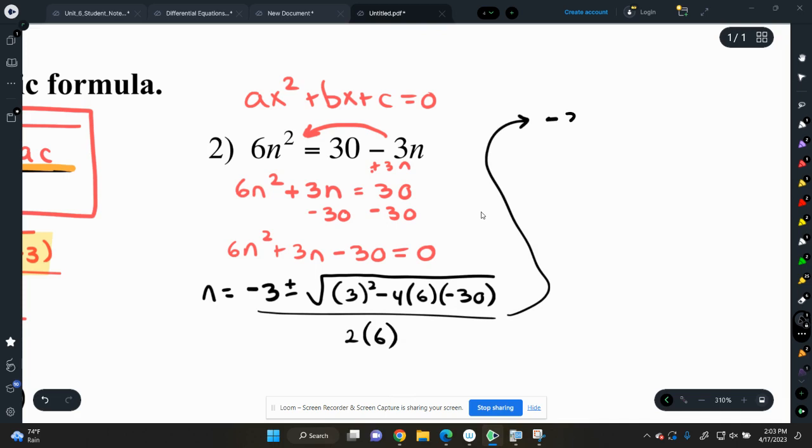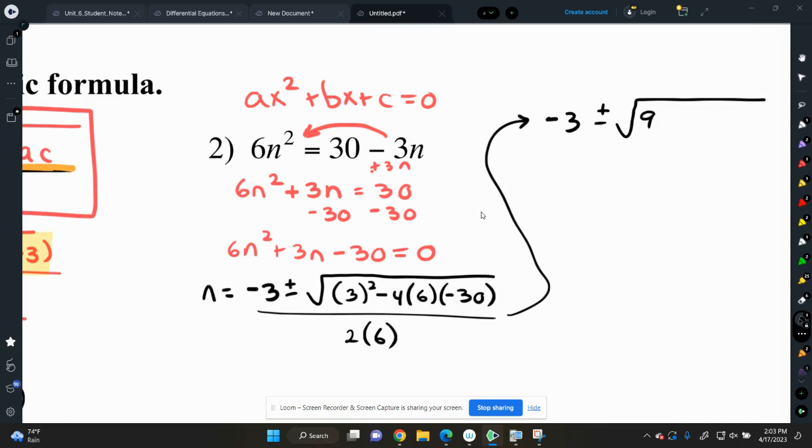So we have negative 3 plus or minus the square root of 9. Again, I have a negative times a negative, so that's positive. Let's see, 4 times 30 is 120 times 6, so that's 780.